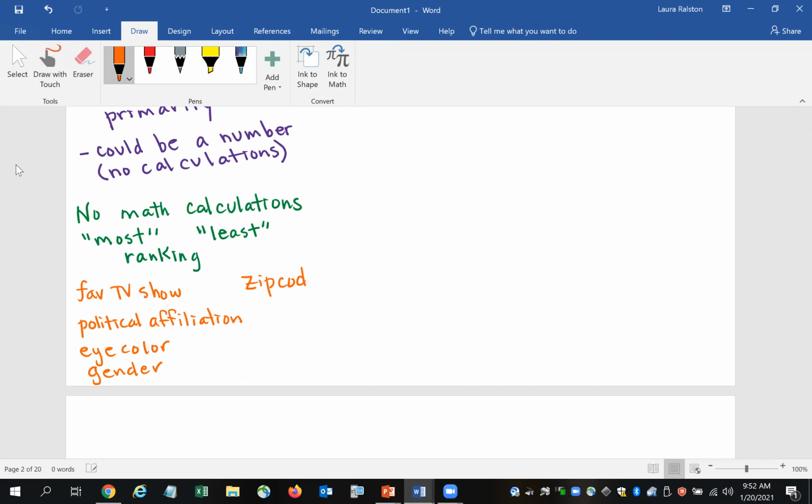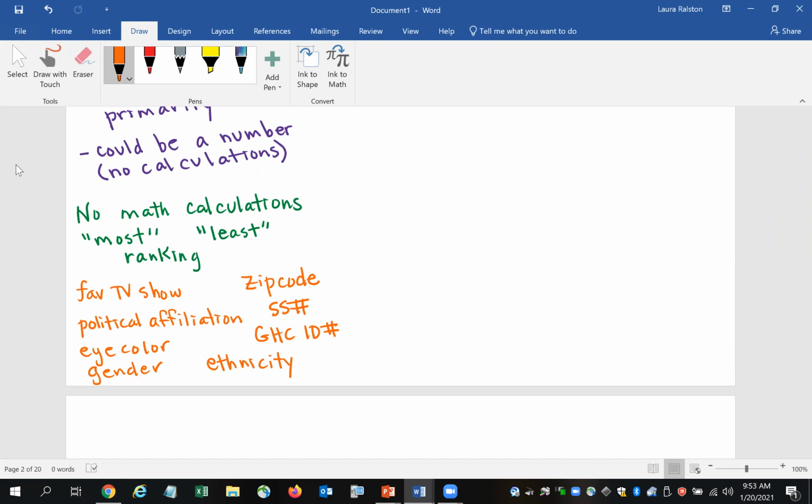Your zip code is a number, but again, we don't normally calculate with a zip code. It could be your social security number. It could be your GHC ID number. It could be your ethnicity. Those are just some basic examples of qualitative data.